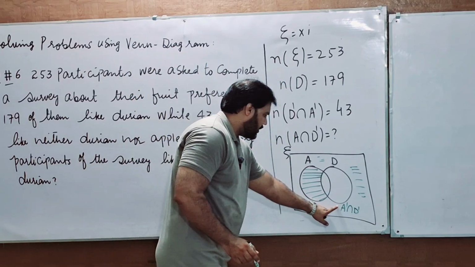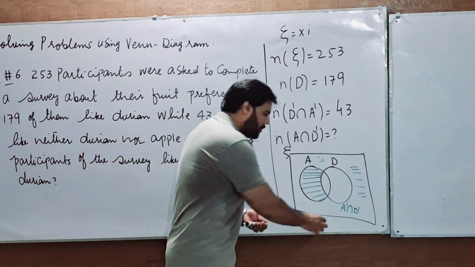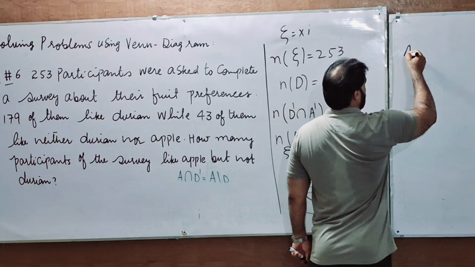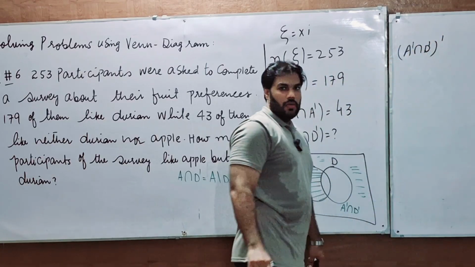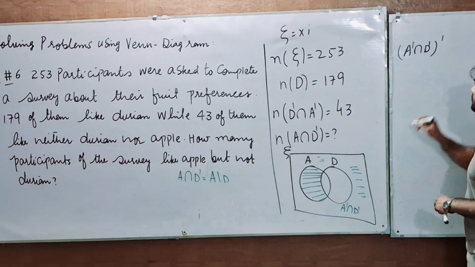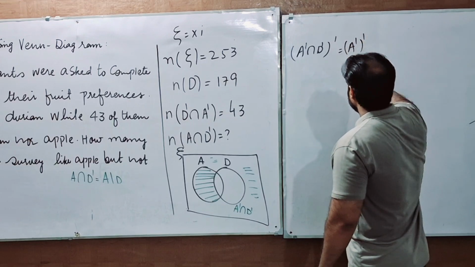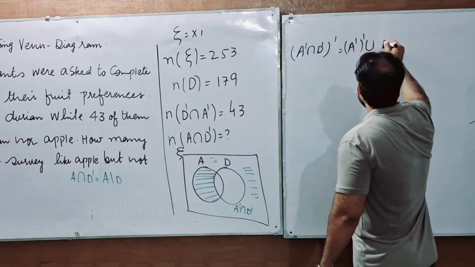Now, if we find the complement of A complement intersection D complement, the whole complement, what is this equal to? By using De Morgan's law, this can be written as the complement of the complement, intersection will change to union, D complement complement.